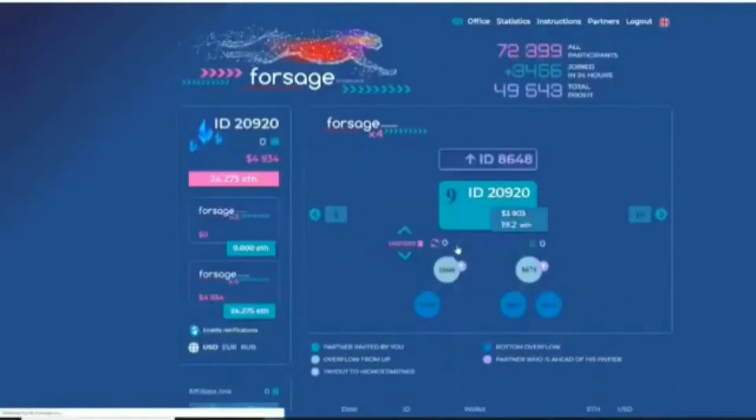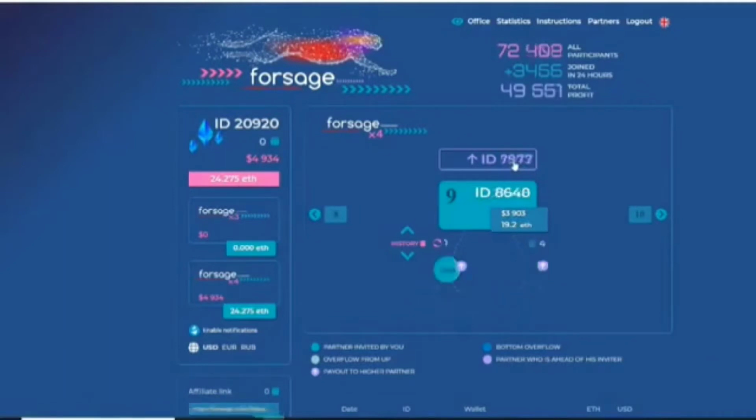Like for example, if I click here, this slot was activated under the matrix of 8648. Now 8648, this account in this matrix, has 20,920 in the first spot. Now below that, he has 8679, which cycled and came into this matrix, and now it is on the second line of account 8648.